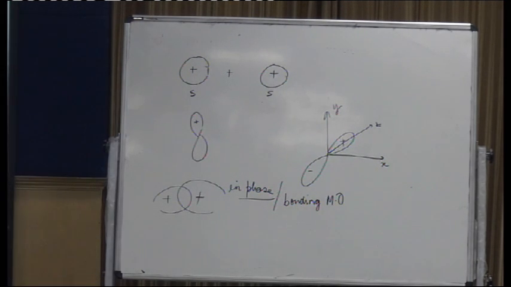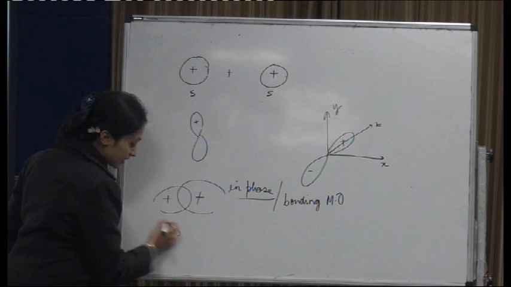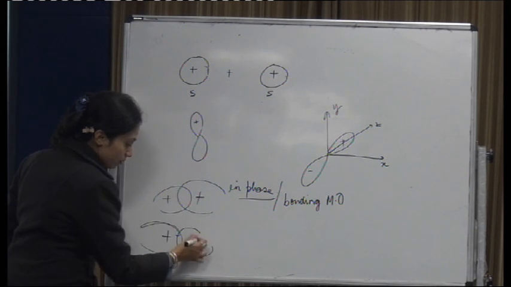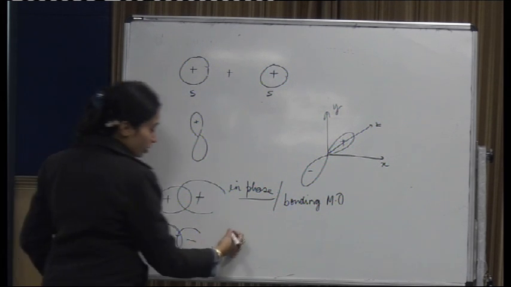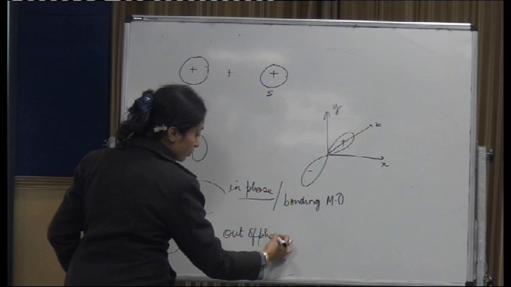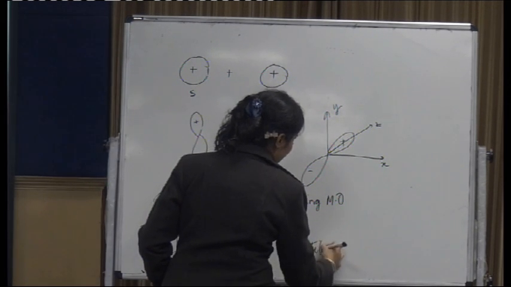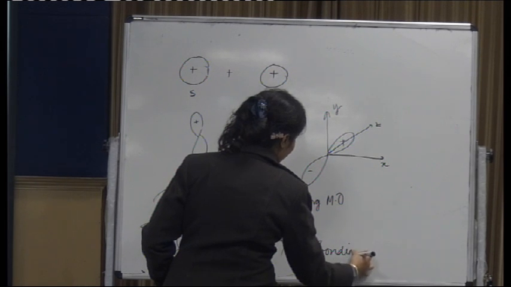Okay? And whenever you have a positive interacting with a negative, say any orbital, you will say that the combination is out of phase and the resultant will be an anti-bonding molecular orbital.